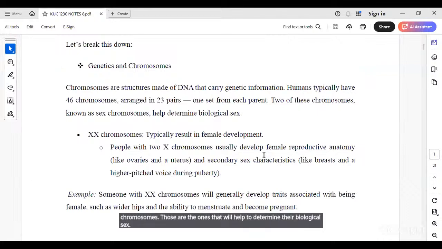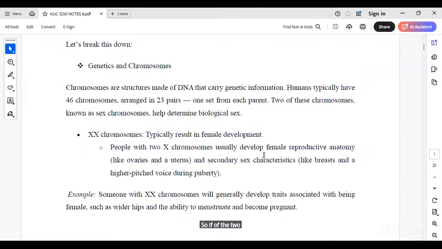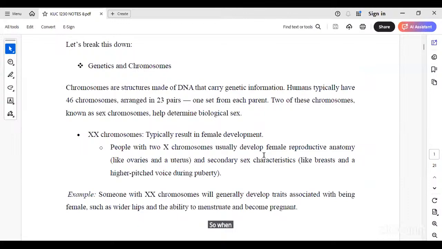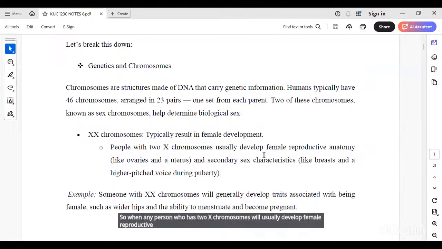So of the two sex chromosomes, that is the X chromosome and the Y chromosome. When you have two X chromosomes, then you typically develop as a female. Any person who has two X chromosomes will usually develop female reproductive anatomy. So they will have ovaries, they will have a uterus.